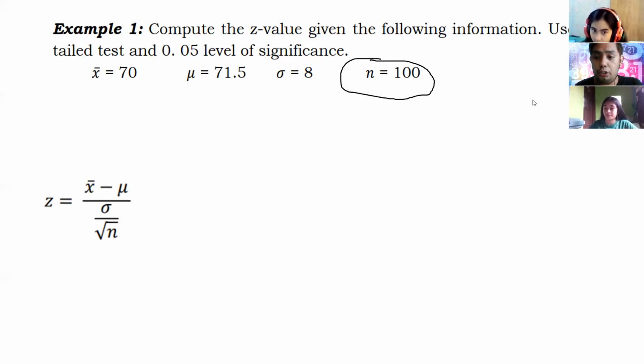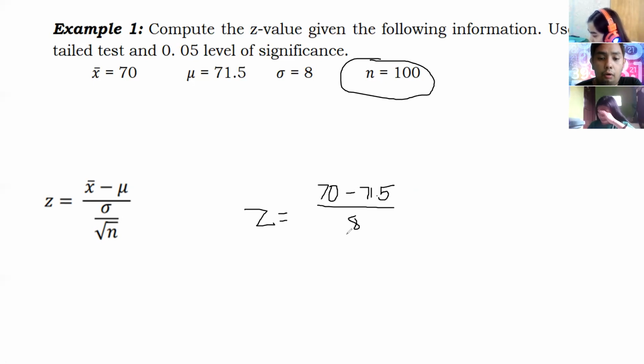Let's start first with our z value. Z equals, what is our sample mean? Our sample mean is 70, tama? Minus 71.5, all over our population standard deviation, which is 8, over the square root of 100.